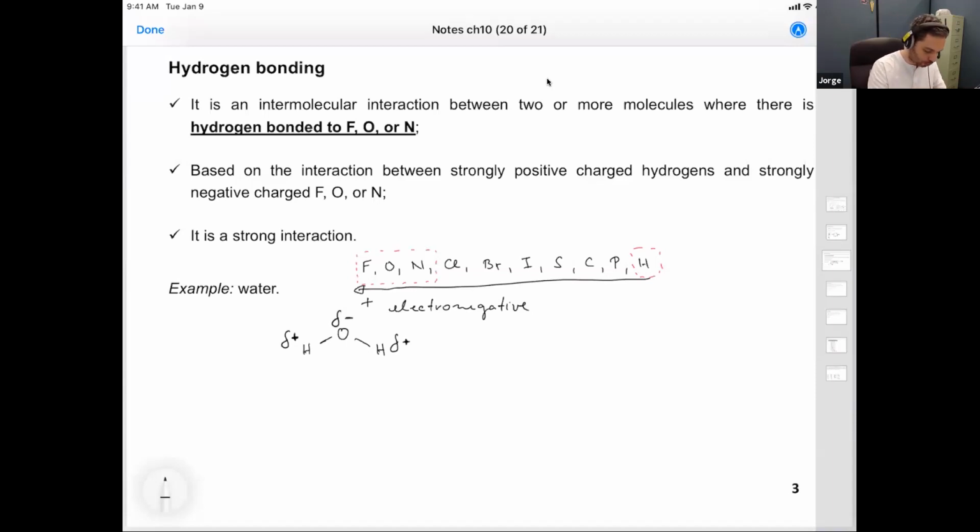And again, we have a strong negative polarization on the oxygen and a strong positive one on the hydrogen, and those poles will attract the opposite sign, and that's what will hold the molecule together.